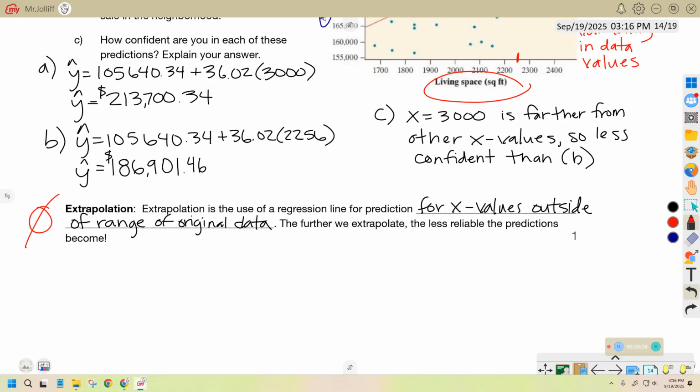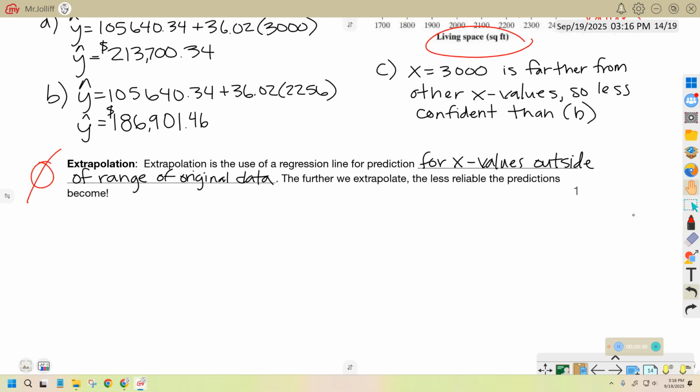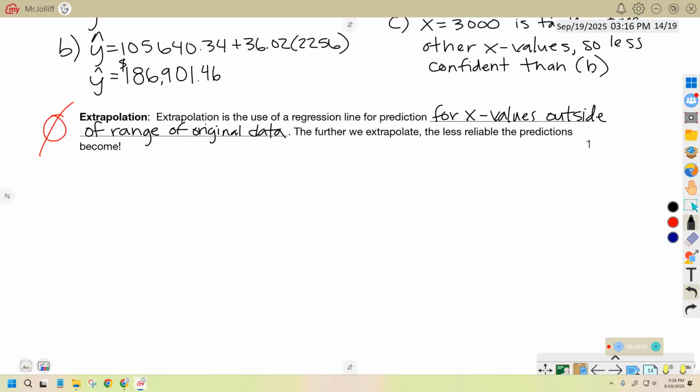And here is why. When we create models, we are creating models with a very limited domain, small range of x values. And it is entirely possible that the section of graph that I'm looking at that looks normal, when I get outside of that domain, starts to do this.